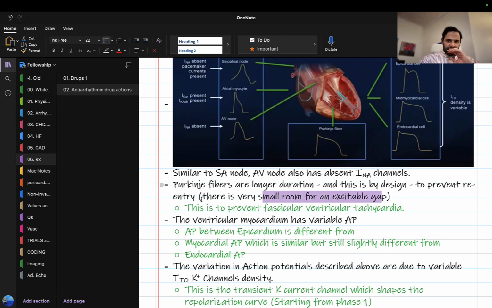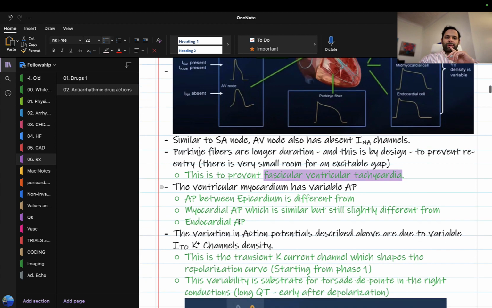Re-entry in this case will lead to fascicular ventricular tachycardia, because you're at the level of the fascicles where the Purkinje fibers exist, slightly below the main bundle trunks, and that can lead to fascicular VT. So just to think, when you're looking at an ECG, if you suspect this is fascicular, you can think of the mechanism.